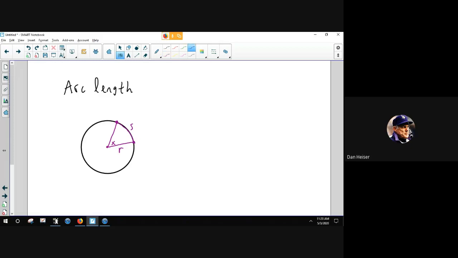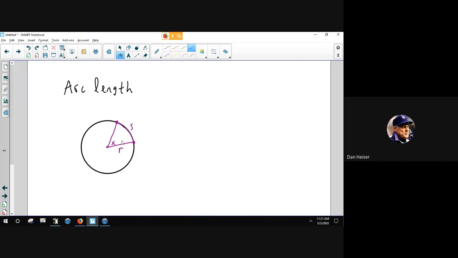Since I'm using a fraction of the circumference, I need to know what fraction of the circle I have. I know that a central angle is equal to its arc in degrees. So in other words, if this is a 45-degree arc, this is a 45-degree angle. If this is a 90-degree arc, 90-degree angle, and so on. That's how we determine our fraction.